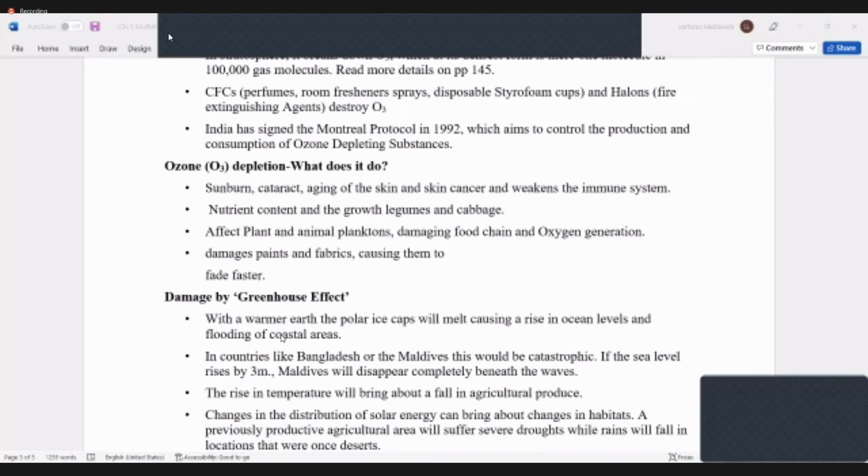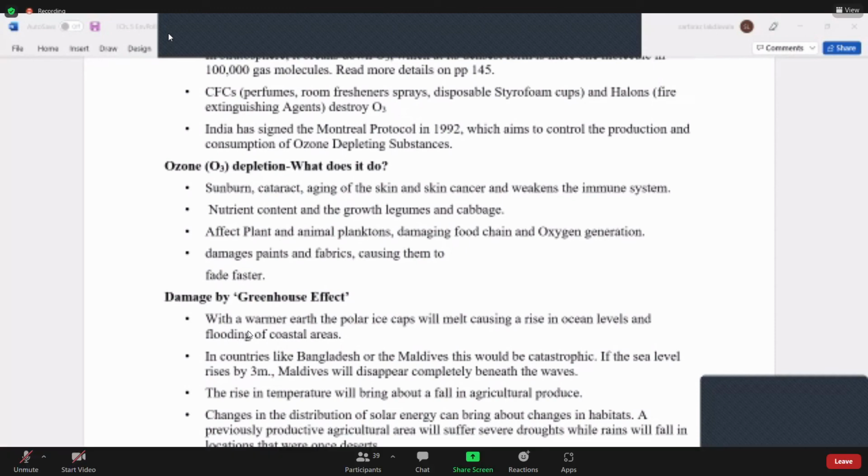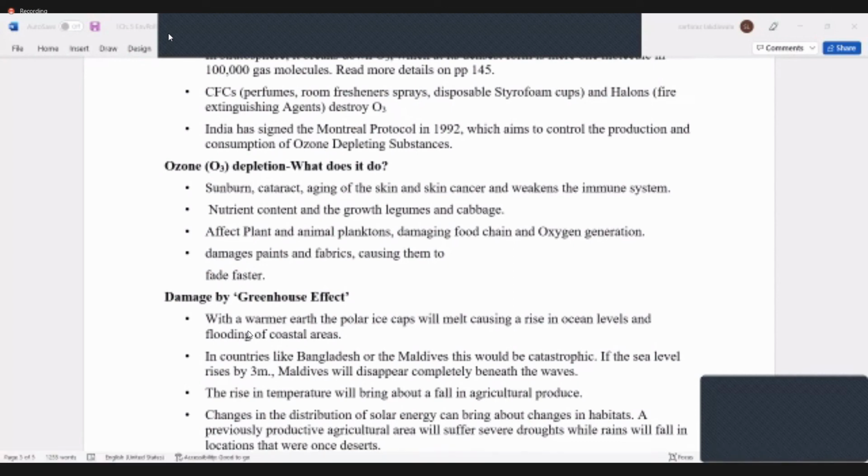One reason is the humidity is less over here, and the second is that the pollution is less. As compared to Mumbai, Pune is catching up with the increasing population, so it will also become a polluted city very soon. In fact, it has become. Now, the fabrics get damaged, they get faded faster because of the pollutants present in the air.